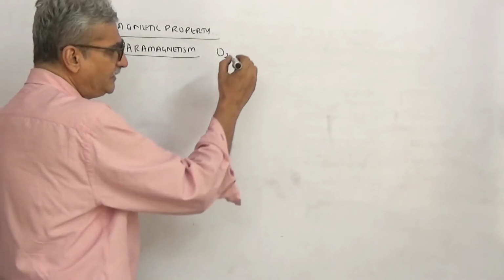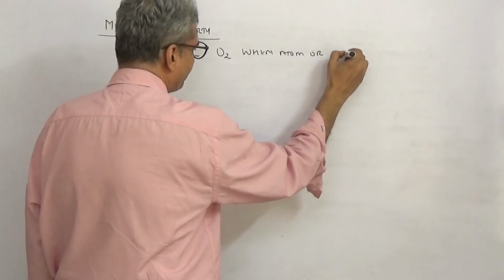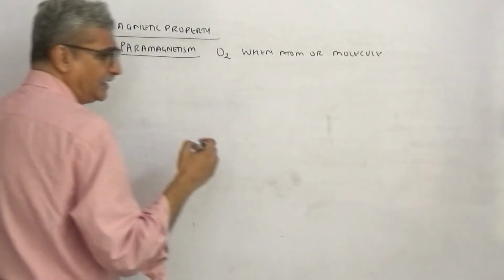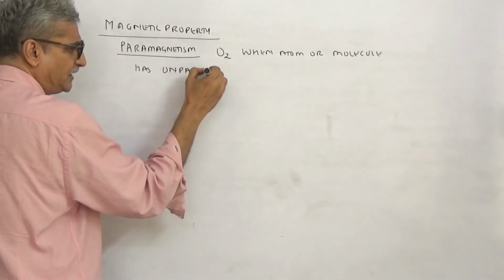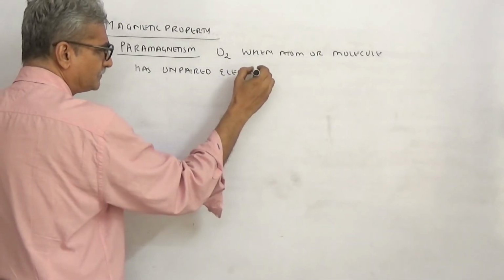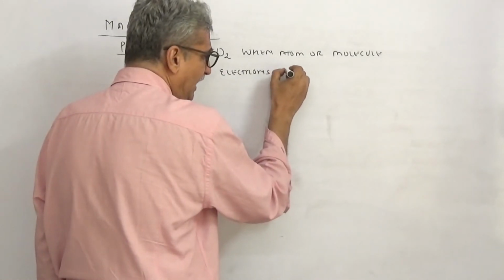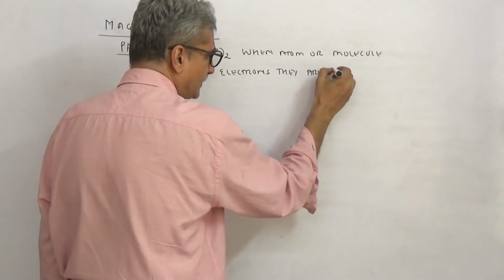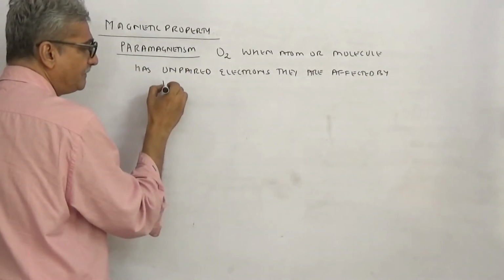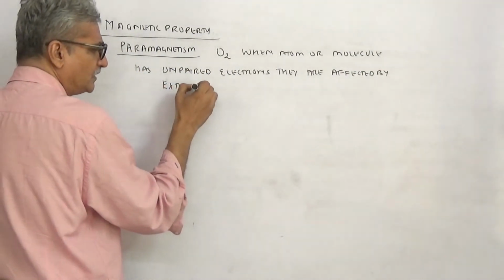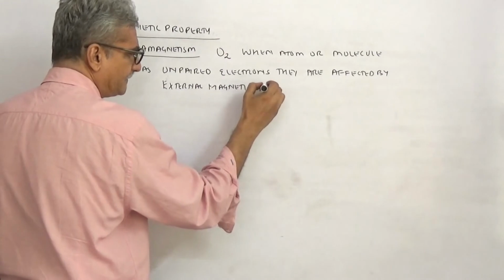So when an atom or molecule has unpaired electrons, they are affected by an external magnetic field.